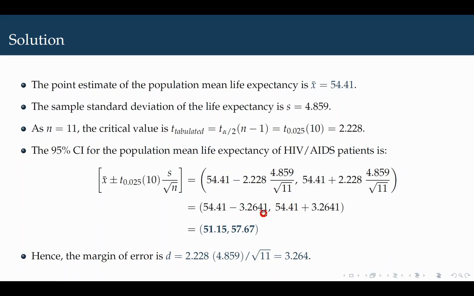This is the half width of the interval, which is called the margin of error. Therefore, for all those values that are assumed under the null hypothesis, if they are in between this interval, H0 will not be rejected. But for those values outside of this interval, the null hypothesis would be rejected.